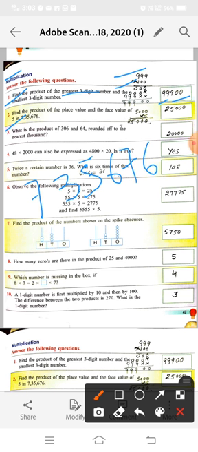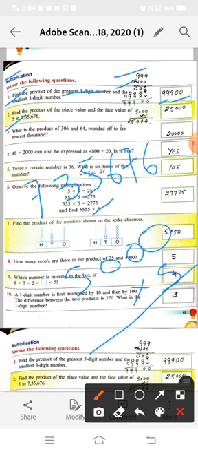What you have to do, we have to see the place value of 5. What is the place value of 5? It is 5,000. Now see the face value of 5. So face value is 5. Now multiply. When we multiply 5,000 by 5, we will get 25,000. Okay, so our answer is 25,000.